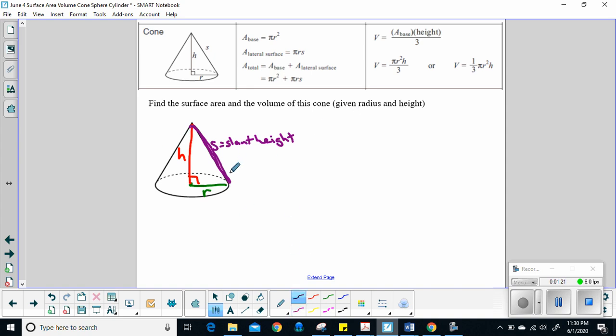Let's call our radius 10 centimeters. And I'm going to give you the height of 15 centimeters. Okay, let's do it. So area total, we know is going to be the area of my base plus the area of what's called the lateral surface.